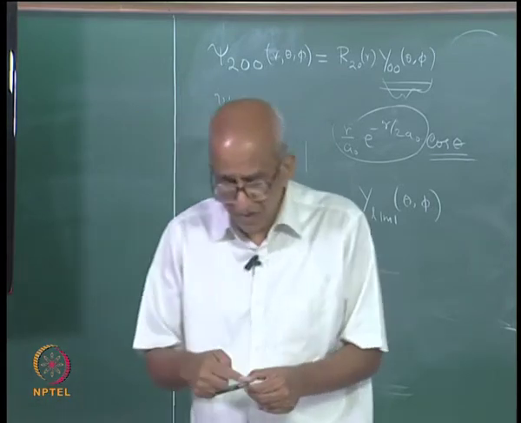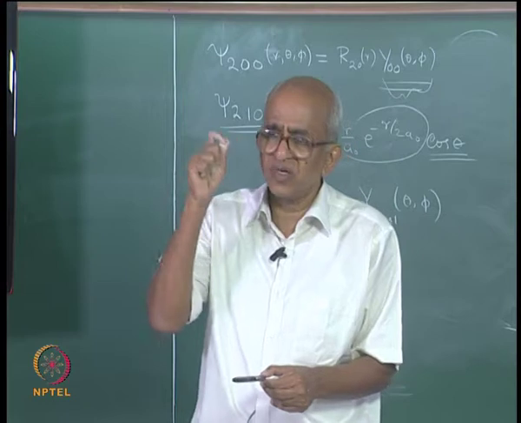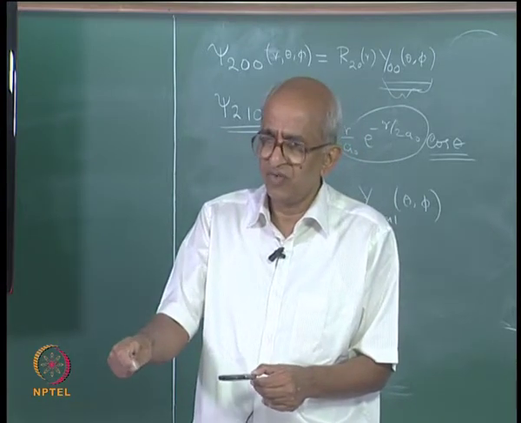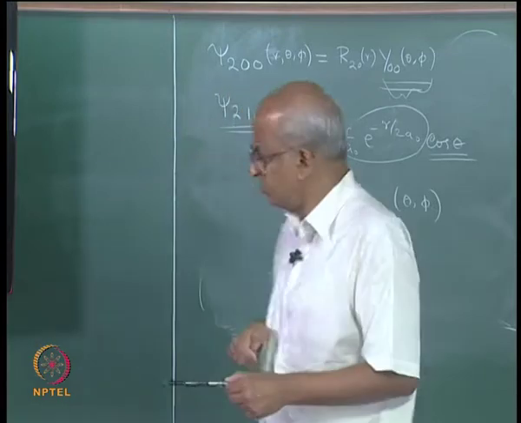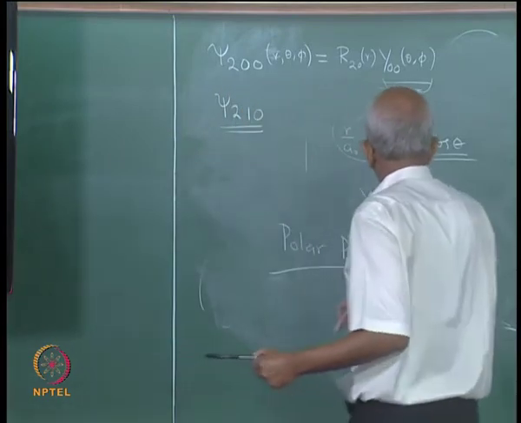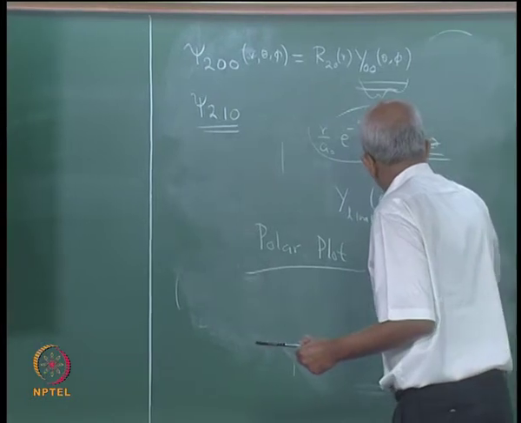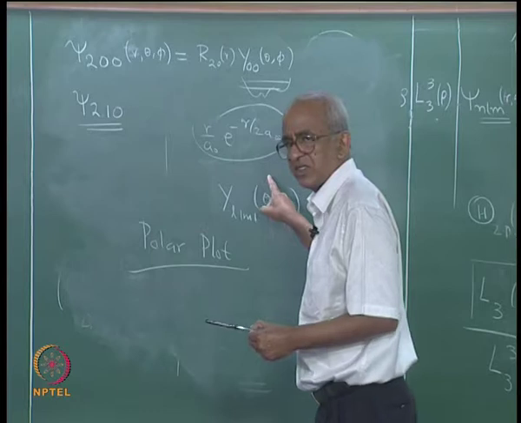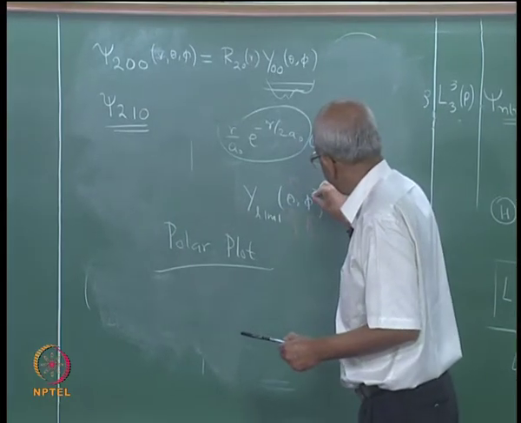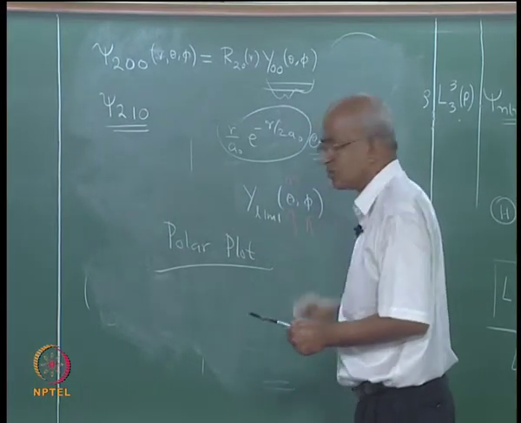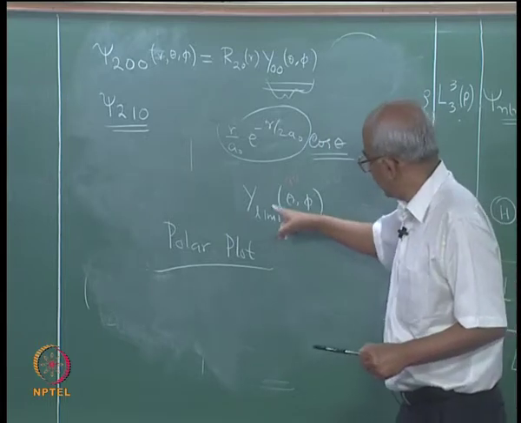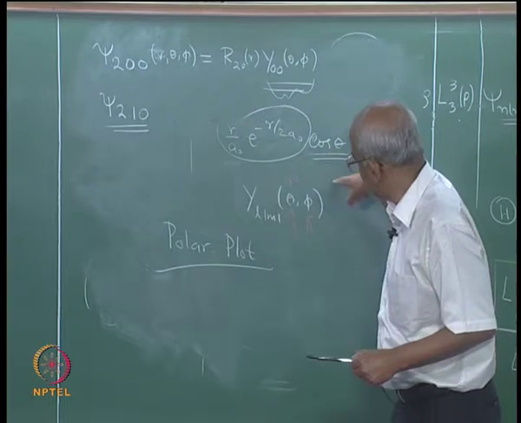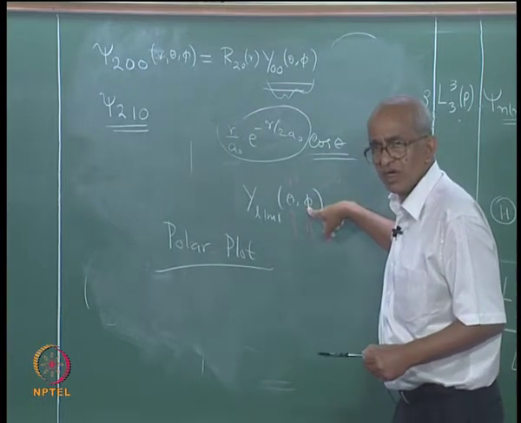So, for a particular direction in space, I know precisely what the value of theta is and what the value of phi is. I can take those values of theta and phi and put them in here. For the positive x direction, theta is 90 and phi is 0. I know the functional form, and into that functional form I will put the value of 90 and the value of phi which is 0.